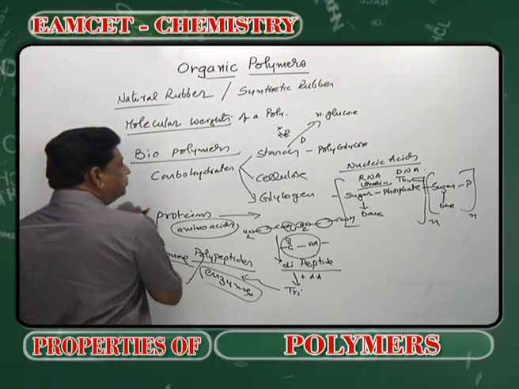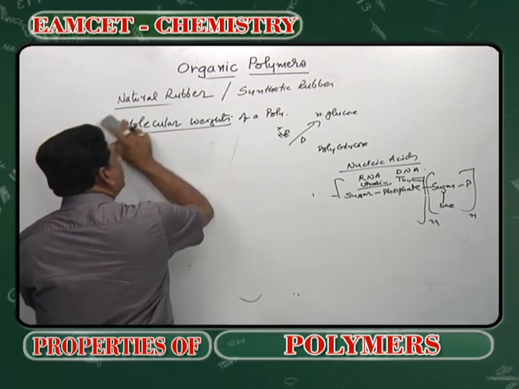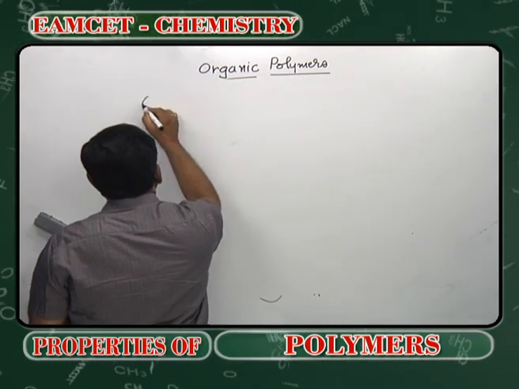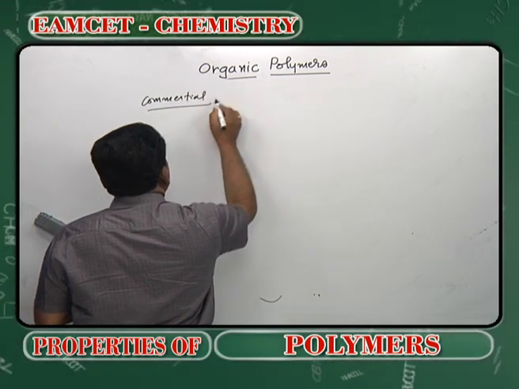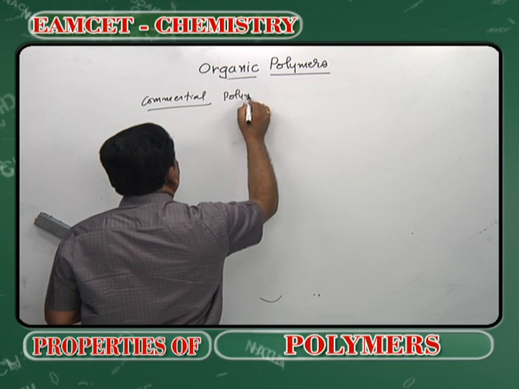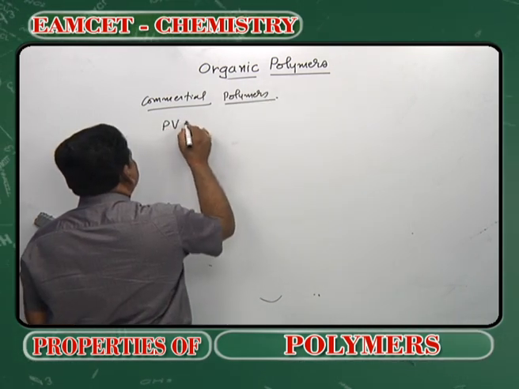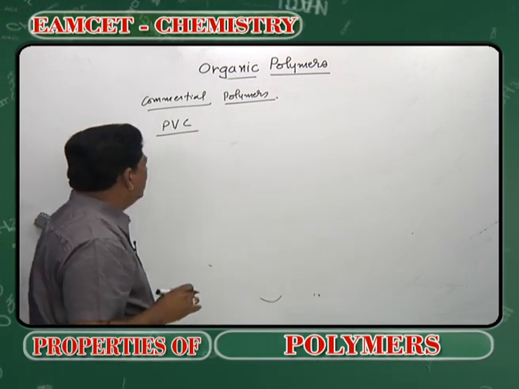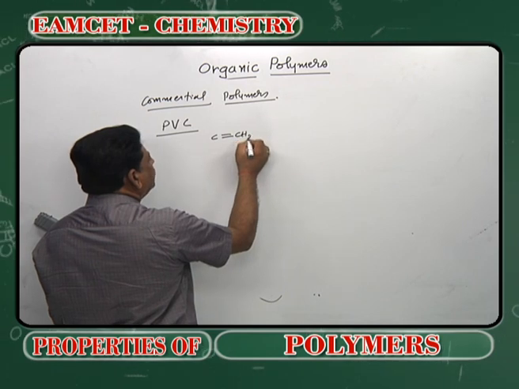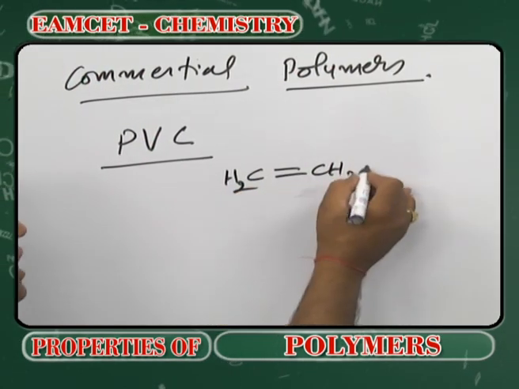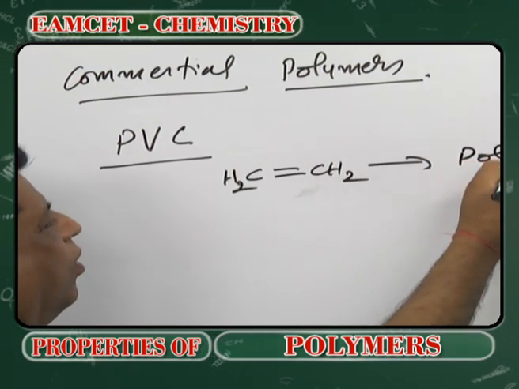We have some commercial polymers, important polymers, let us see. Polyvinyl chloride. Ethylene, as we have seen already, when polymerized gives polyethylene.